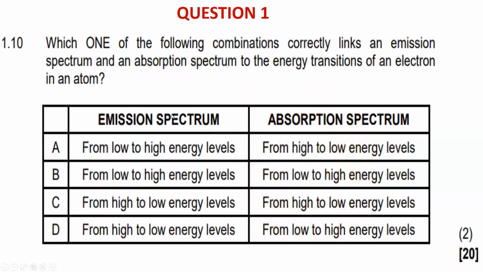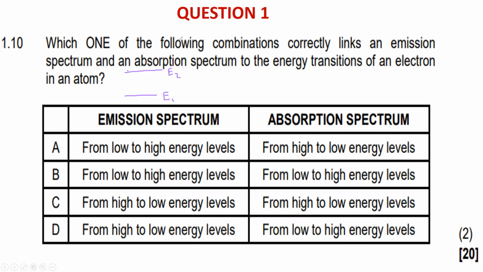And next one, which one of the following combinations correctly links an emission spectrum and absorption spectrum to the energy transition of electrons in an atom? Okay, we should remember something about this question. After that, easy for you. So you have energy levels, let's say E1 and E2.